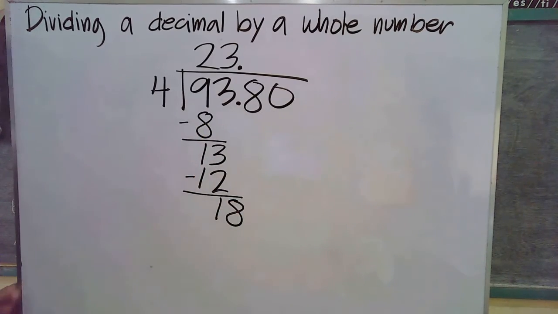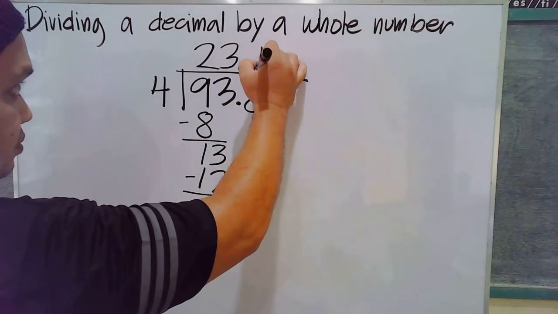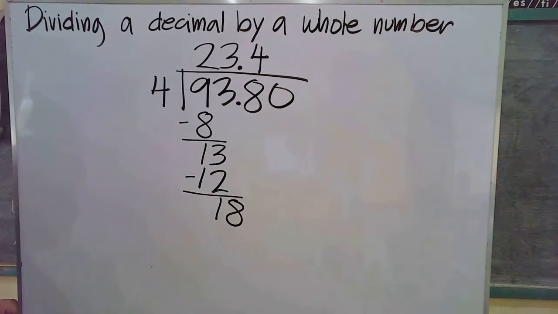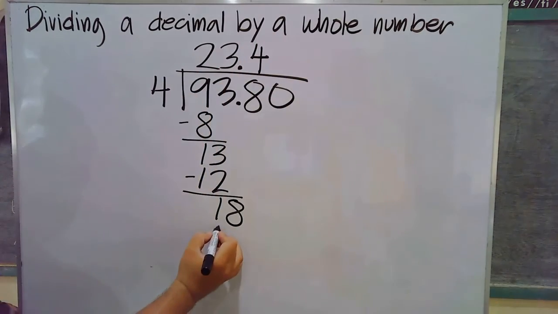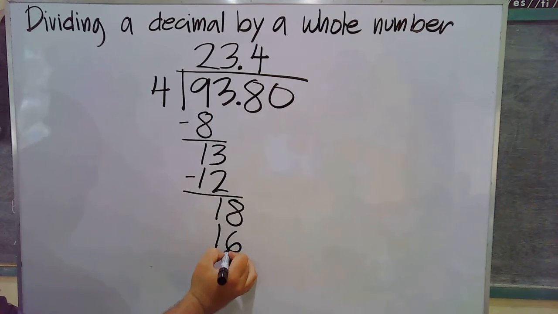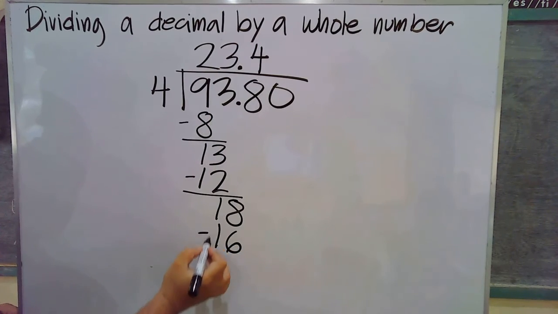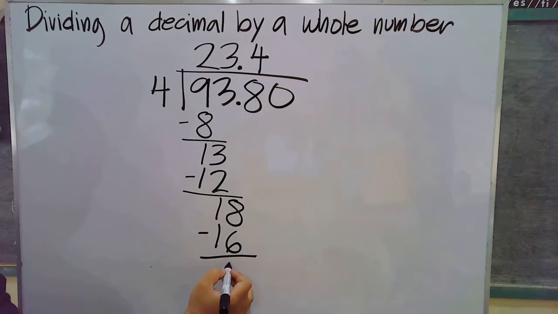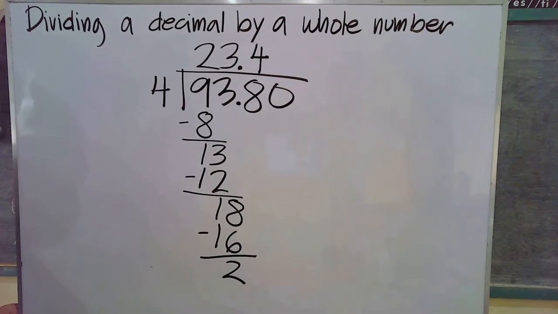So we have 18. Okay, now 18 divided by 4 is 4, because 4 times 4 is 16. Okay, and subtract. 18 minus 16 is 2. Okay, bring down 0 here.